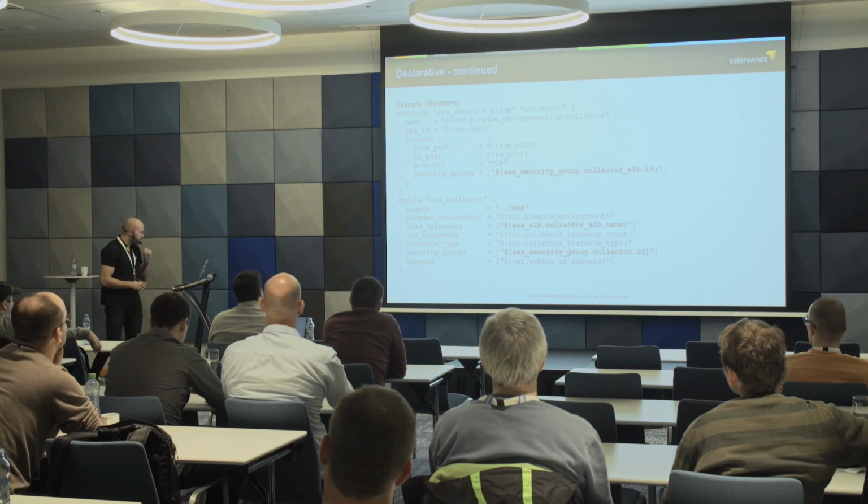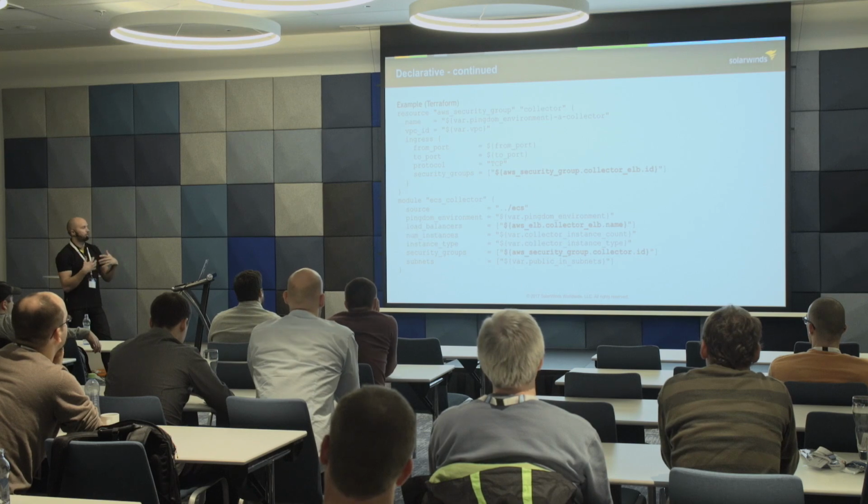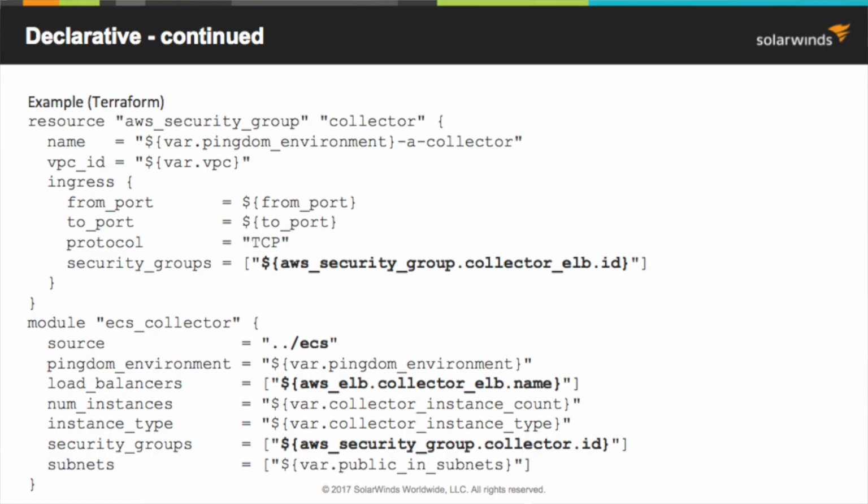So, sorry, a slightly more advanced example. I want to show here how you can tie different resources together. For instance, we can reference some other security group, which is pretty much a firewall. We can tie in an already existing load balancer and tie this into this module.